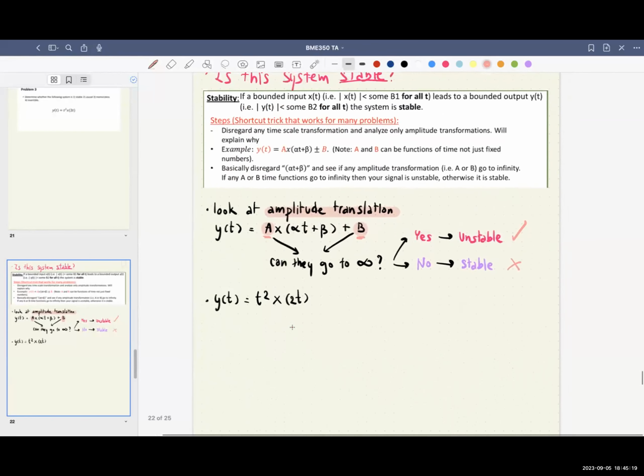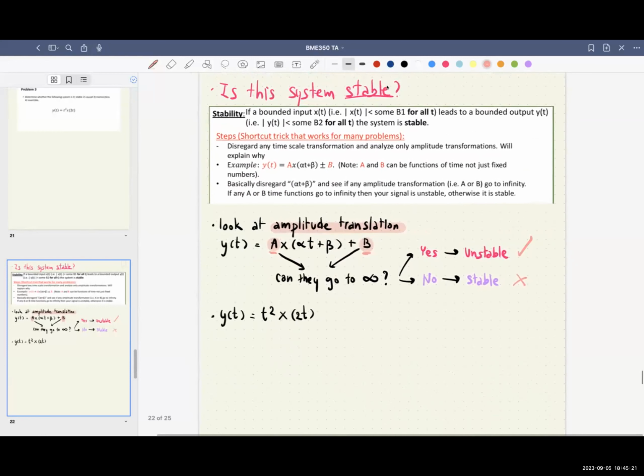Let's look at the question we have here. We started off with y(t) = t squared x(2t). Can anyone help me point out what the amplitude is in this term, or circle the amplitude term?